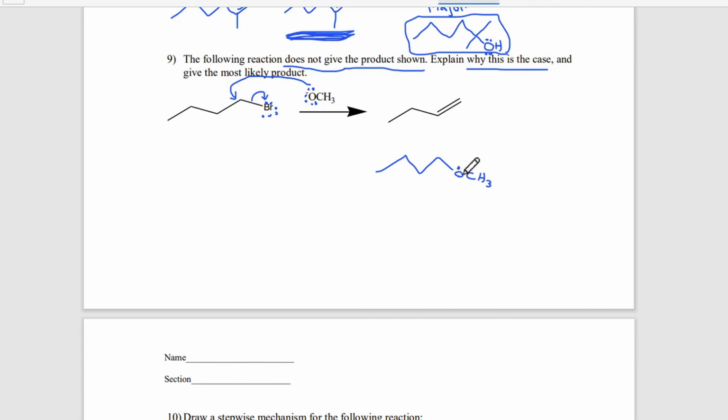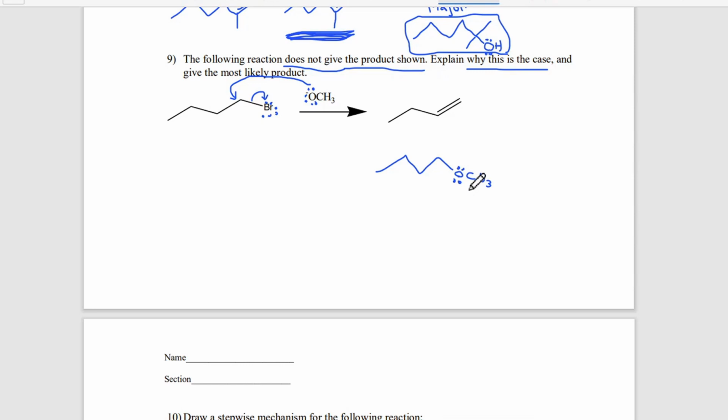And when the leaving group is on the primary carbon, it's not very sterically hindered, right? So a strong base that's a good nucleophile in the absence of any steric hindrance will always prefer to act like a nucleophile.